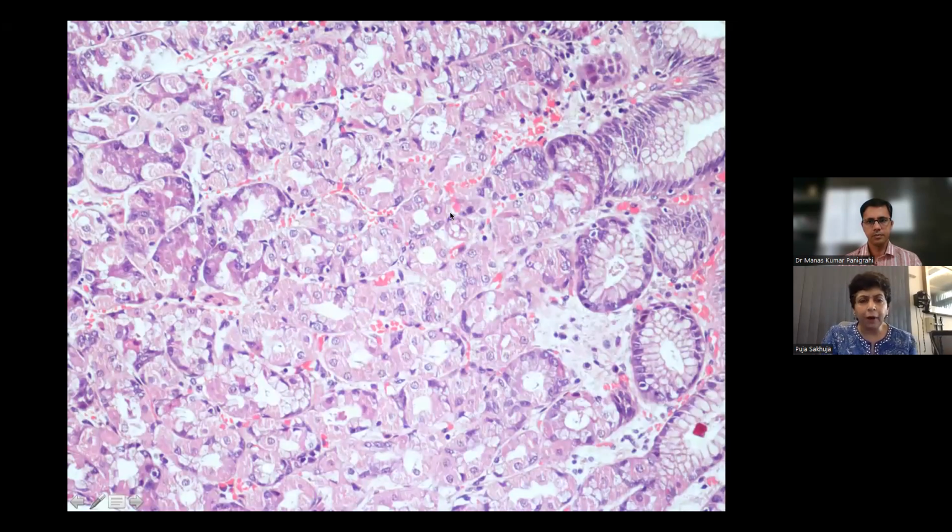Now, this is a high power view showing these specialized cells, which we can identify by the presence of these bluish or pinkish granules. So these make them a little different from the usual mucous cells, which you can see over here. And even here, these are the regular mucous cells, which are pale in color, the cytoplasm, whereas a granular eosinophilic or basophilic cytoplasm would indicate chief or parietal cells.